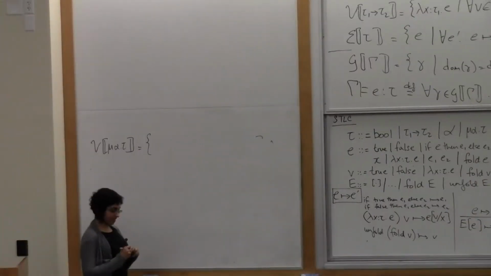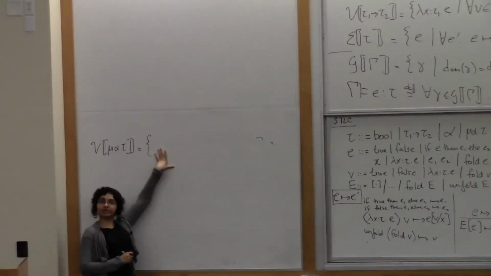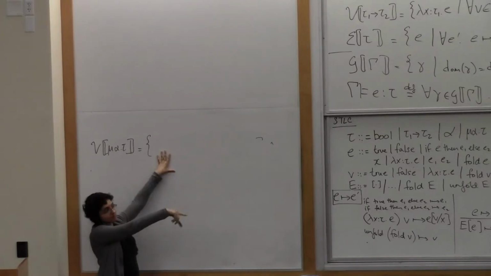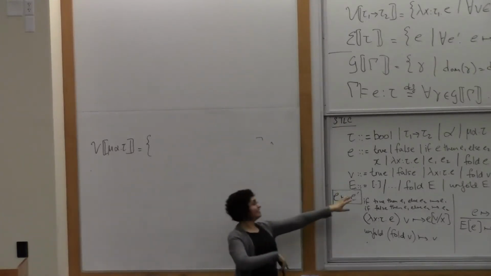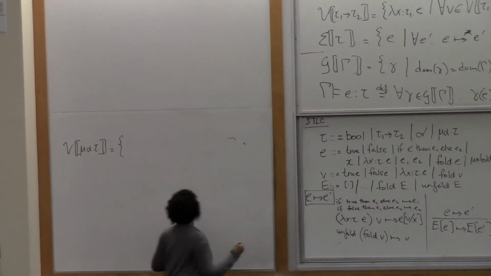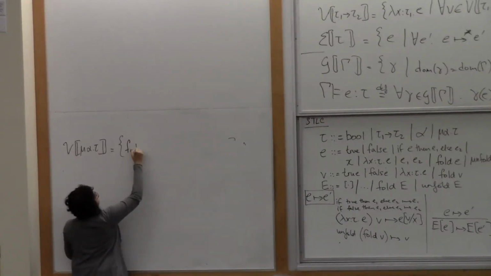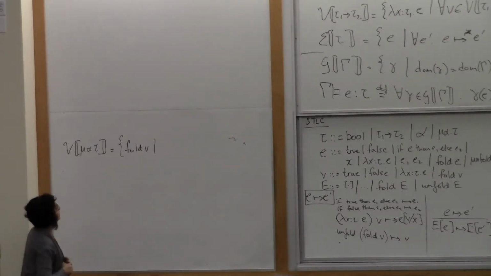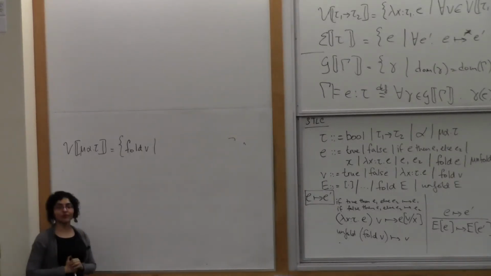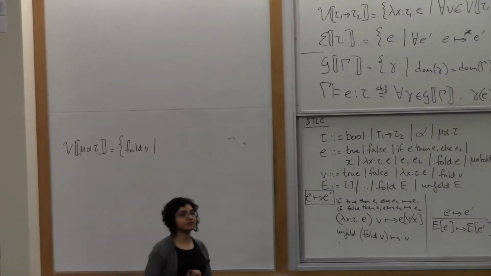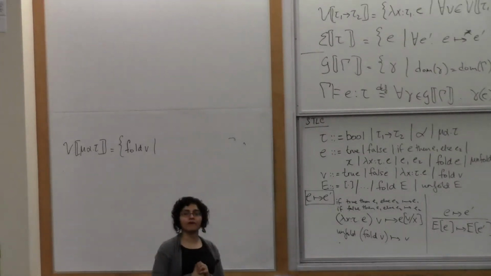All right. So what kind of values can we put here? Do we want to put here? Fixed points? What value did I just add? Right? We've been picking values out of this grammar right here. So fold V. Okay. When does a fold V behave like it has this recursive type mu alpha tau?